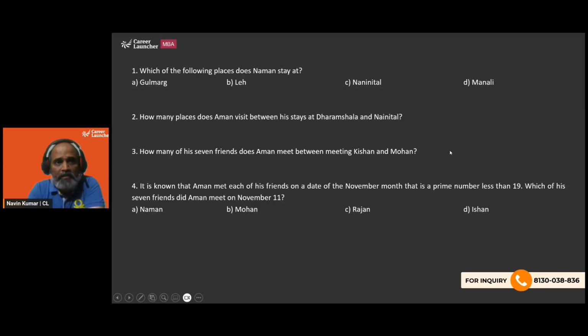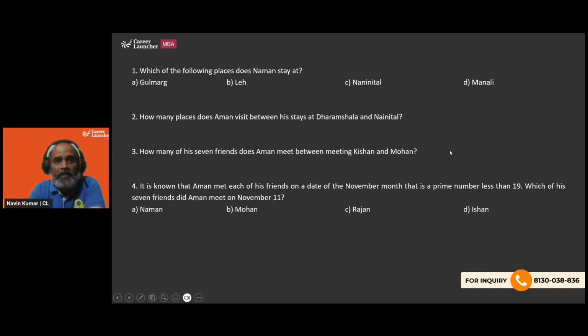So question number 1 says, which of the following places does Naman stay at? Definite options. Second and third, the same. So definite. Fourth, it is known that Aman met each of his friends on a date of the month that is a prime number less than 19, which of the 7 friends. So basically, again, a definite one. The question is not a conditional, right?